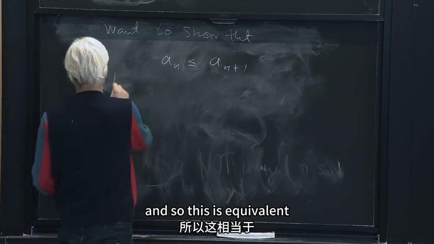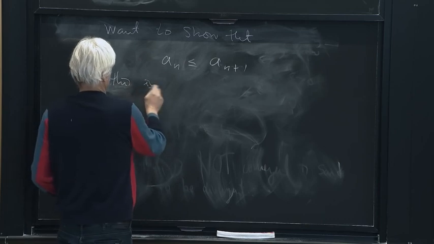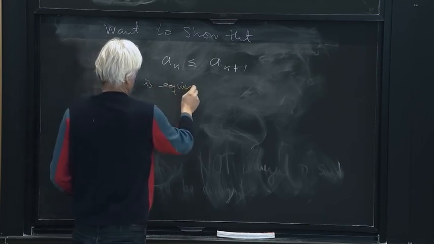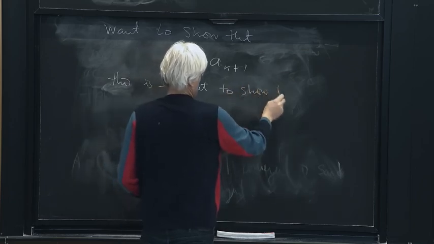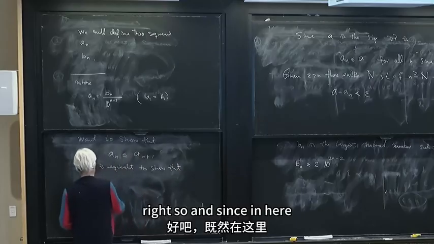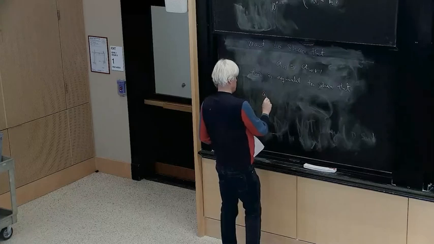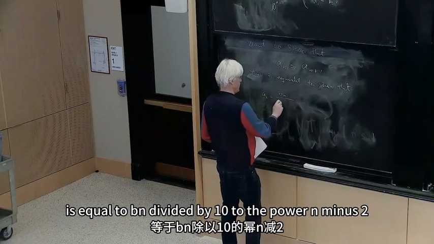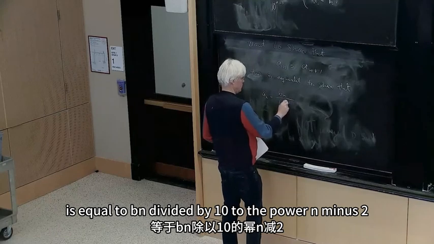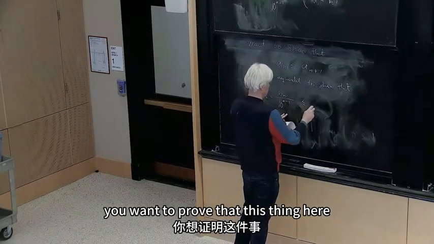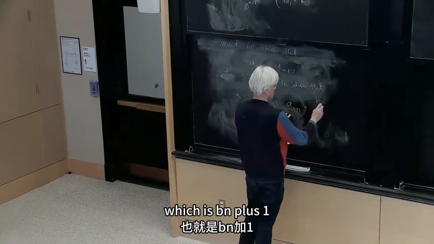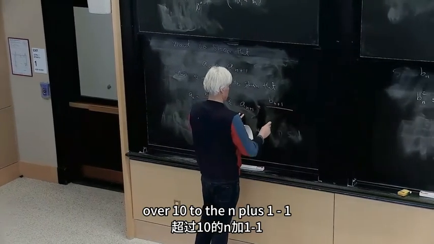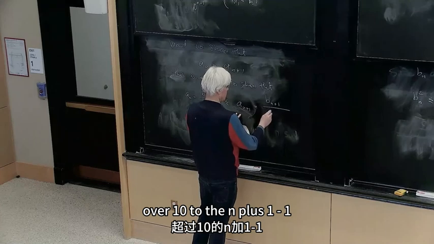This is equivalent to showing that, since AN is equal to BN divided by 10 to the power n minus 1, this is less than or equal to AN plus 1, which is BN plus 1 over 10 to the n plus 1 minus 1.